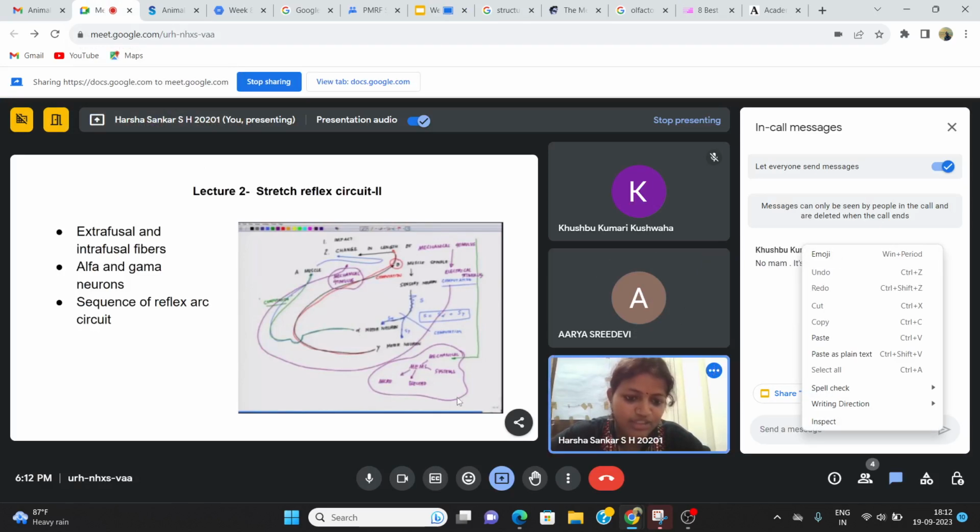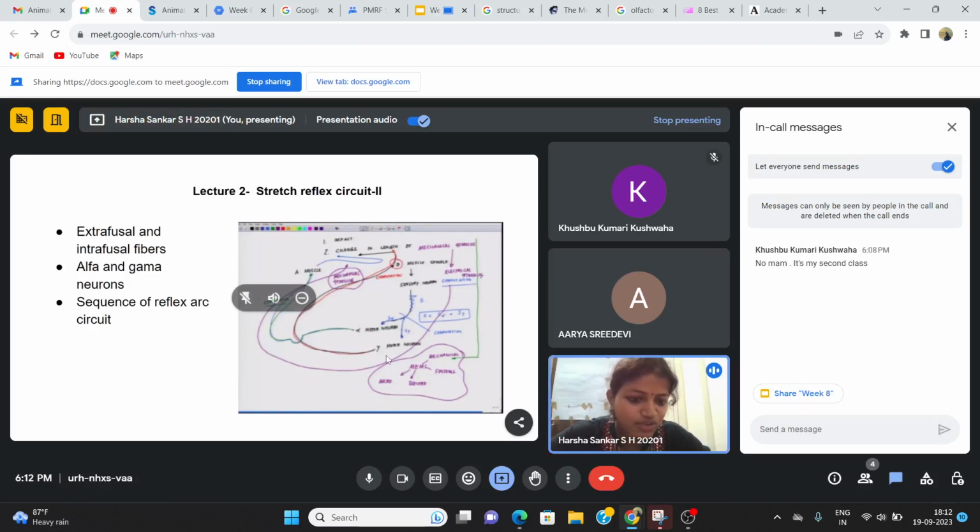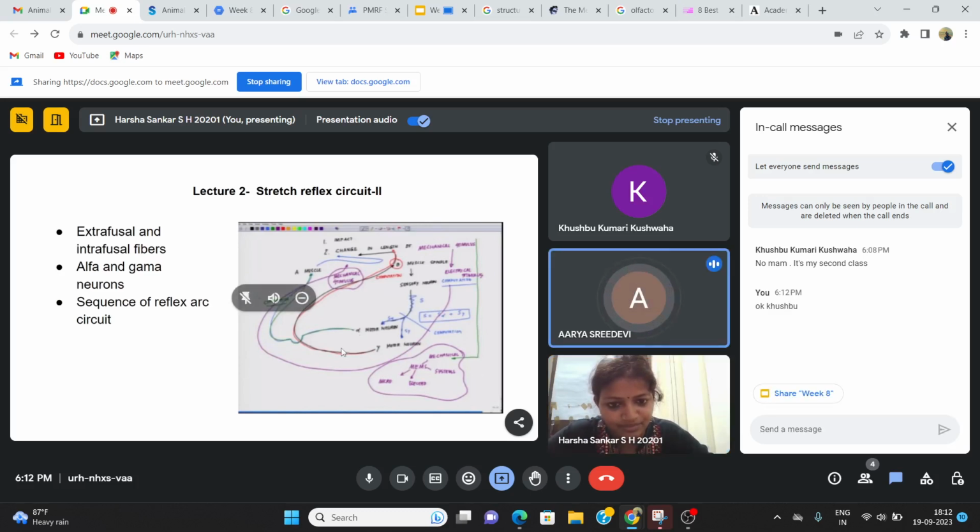Yeah, extrafusal. So what is intrafusal? It's less in amount, but these play a very major role in the muscle. Do you know? Any idea? It's the sensors which sense the change in the length of the muscle.